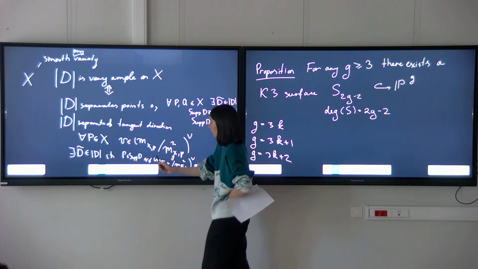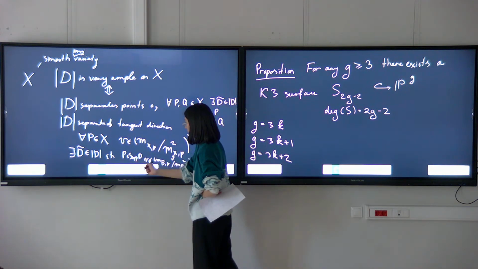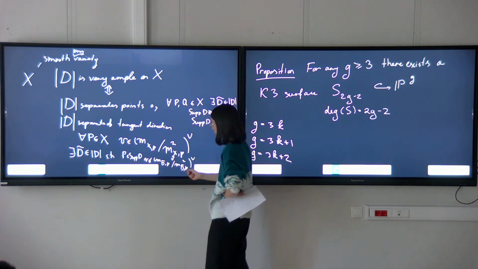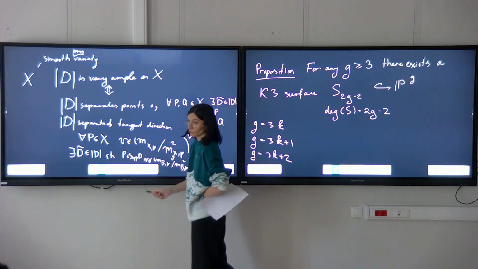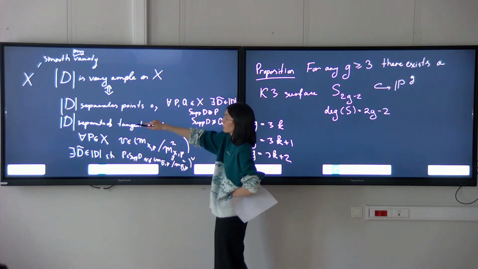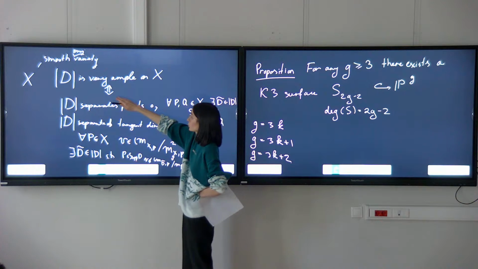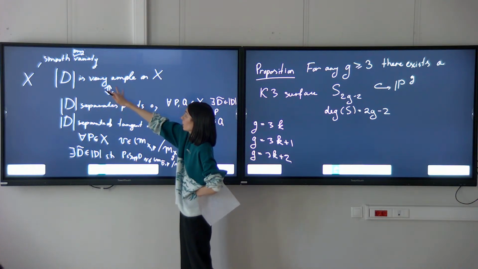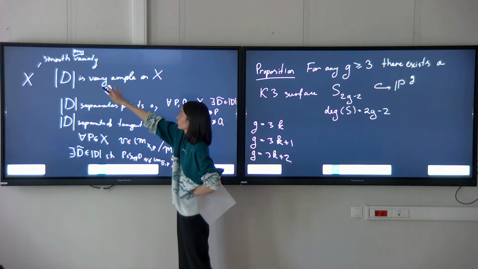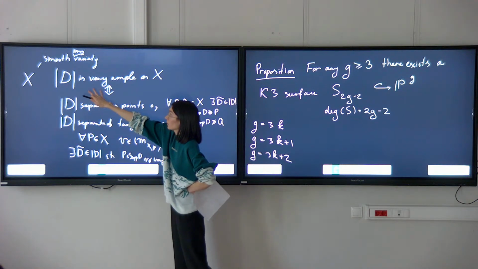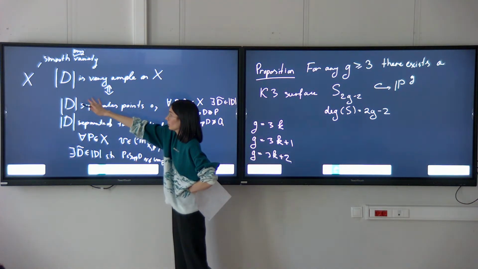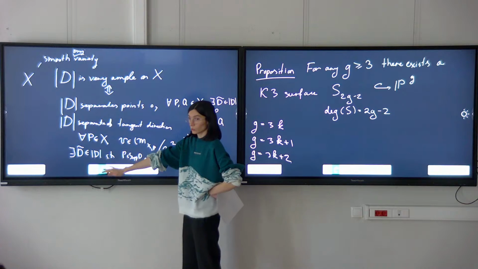And we ask that the tangent space of the divisor does not contain V. Okay? And in fact, it's not so difficult to show that the linear system is very ample if these two hold true.